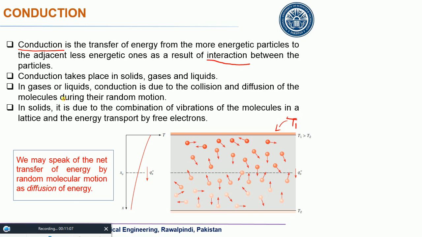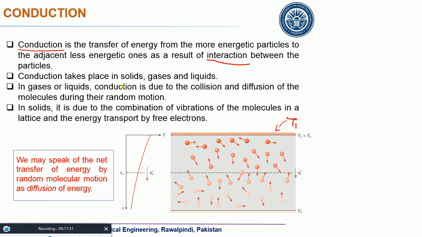Basically those molecules travel. In that case, that smell travels due to what? Diffusion. Molecules diffuse in the whole room, and you would see that there is some kind of smell. So this is something which is known as diffusion.